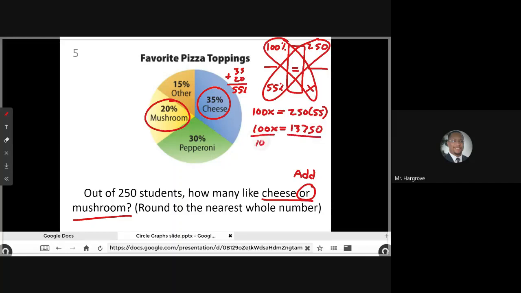I'm going to divide both sides by 100. That's going to give me X equals 137.5. But again, they want us to round our answer to the nearest whole number. So that's going to be 138. So we would say that out of 250 students, 138 said that cheese or mushroom was their favorite topping.